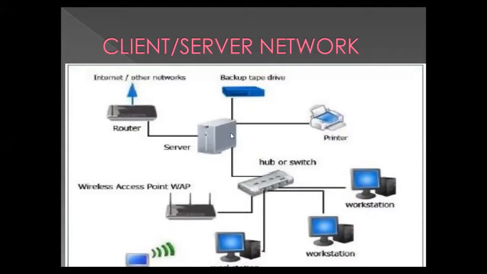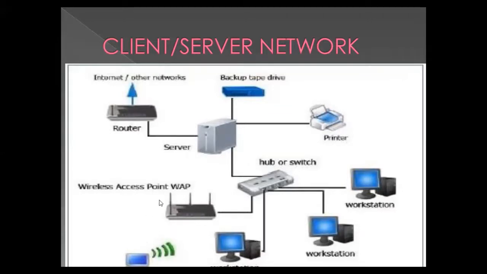This is because the server is sharing resources and information to these computers. Since it is sharing resources from the server, it is also sharing the printer and the internet connection. So all these computers are able to connect to the internet and the printer.